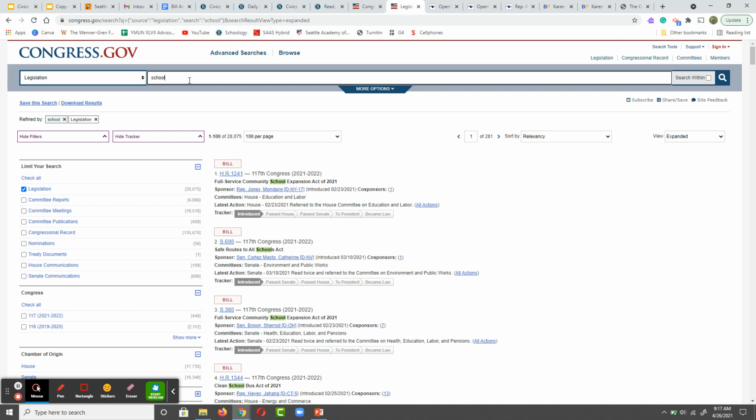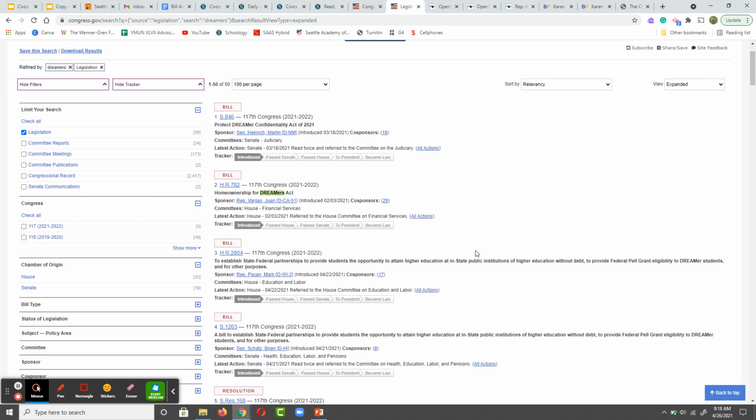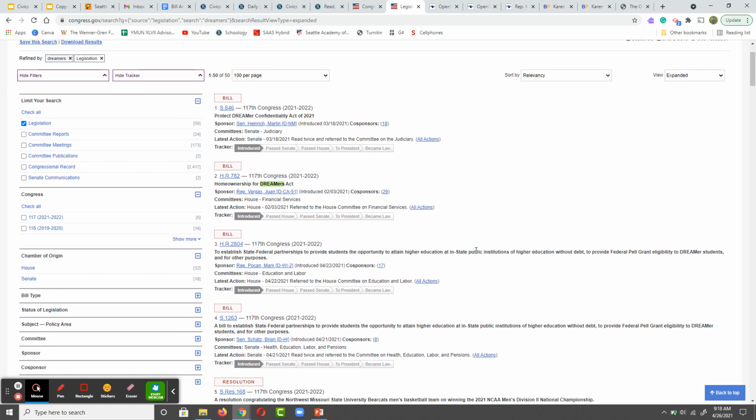Really, you can be pretty specific with the terms you put in. You can put dreamers. Let's see what's here. Really, don't be limited by what you think might be in here, but truly find something that you're passionate about and see what sort of politicians are working on those things.